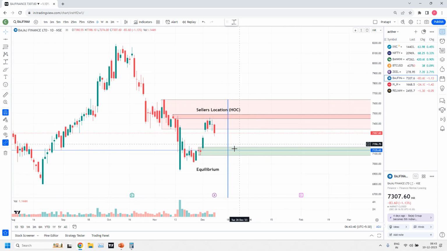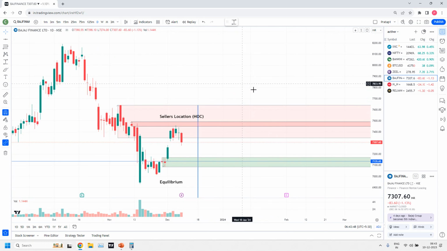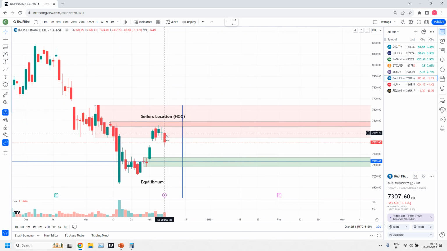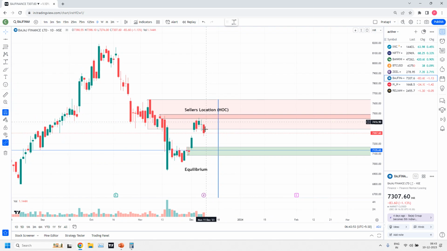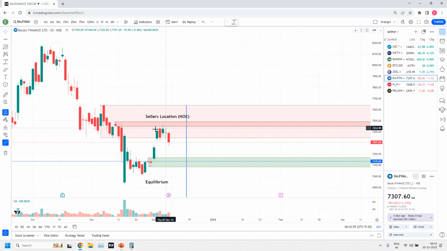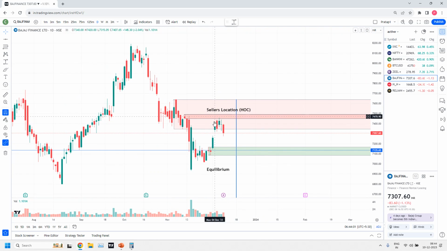Okay, now prices will be moving between these two zones. Maybe we are 2 days late. If you had analyzed 2 days back, this would have been a good entry for taking the short trade. Why is it a good entry?